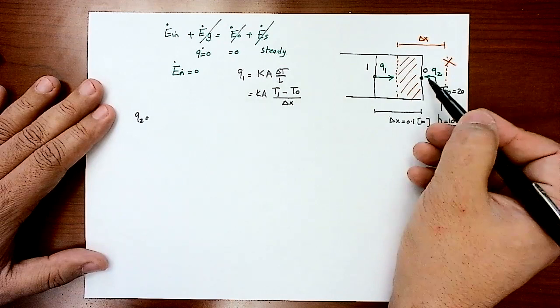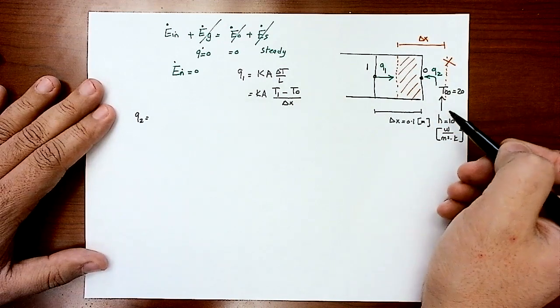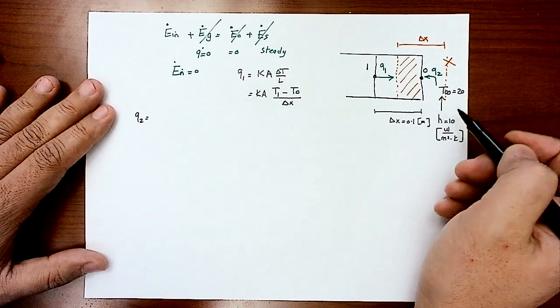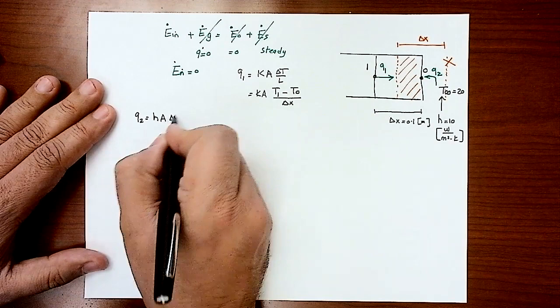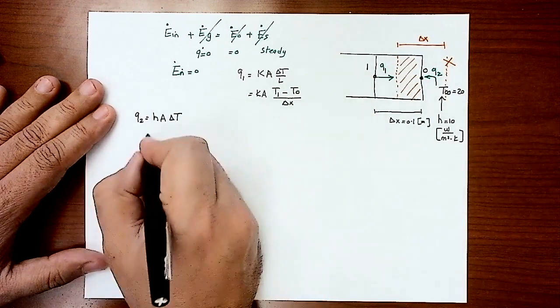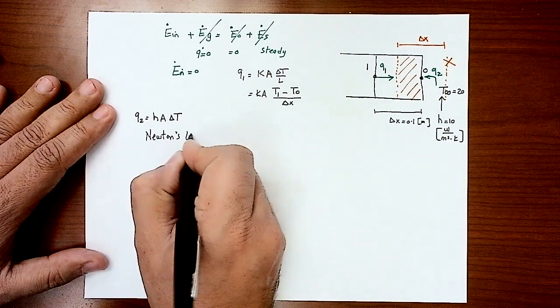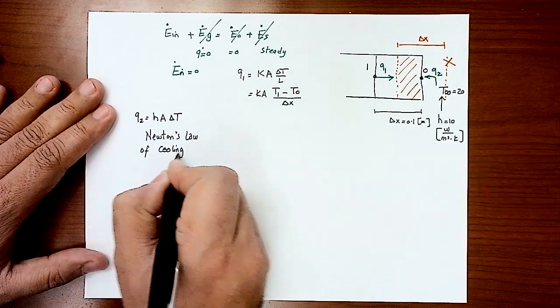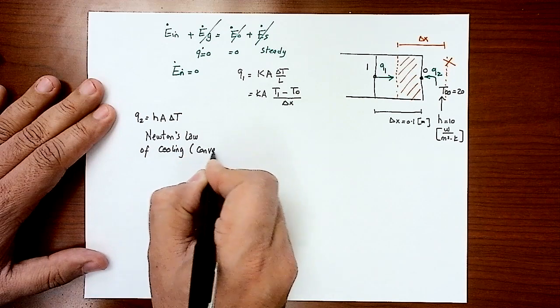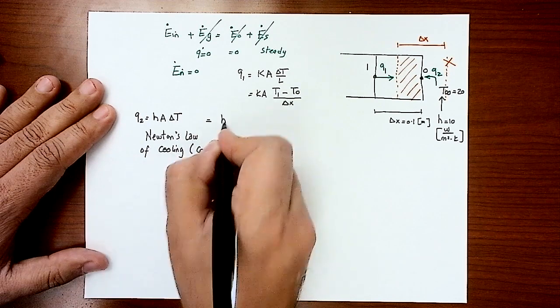Now, let's look at Q2. Energy is transferring to node 0 by a fluid. That's Newton's law of cooling. In a simple word, that's convection. Q2 is simply H, A, delta T. That's the equation of Newton's law. So H is given.